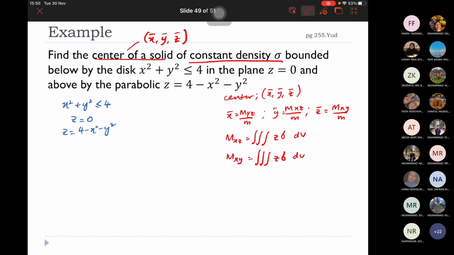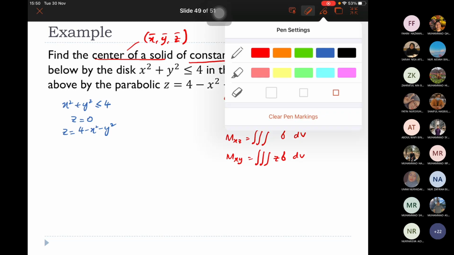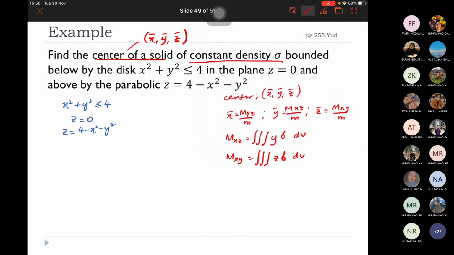M XZ salah, Y. Okay, this one is Y. Dan M YZ, triple integral over the bounded region G X darabkan dengan delta dV. Mass M sama dengan triple integral over the bounded region G delta dV. Okay, so itu adalah semua formula yang kita akan gunakan.